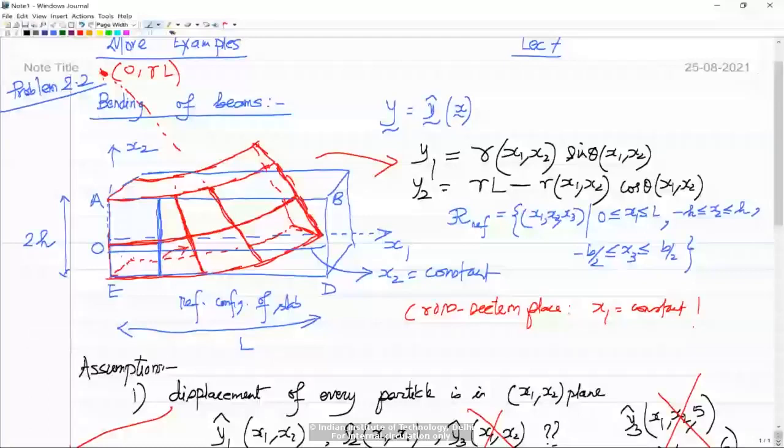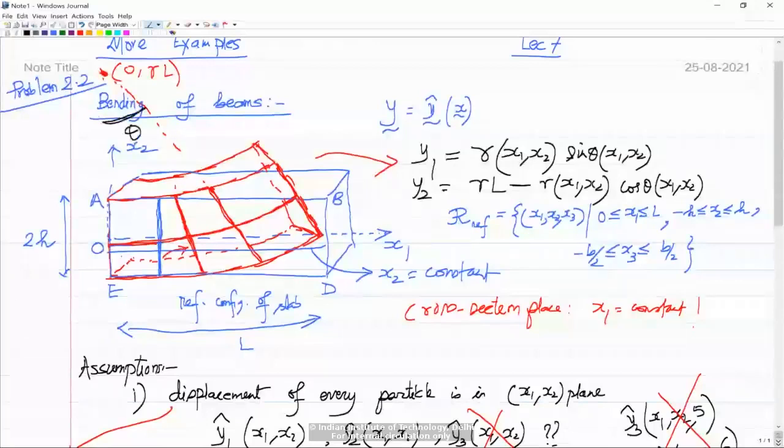Now what can we say about these functions small r and theta? Can we say something about those functions? For example, will theta depend on both x1 and x2? What is theta then? Theta is this angle.